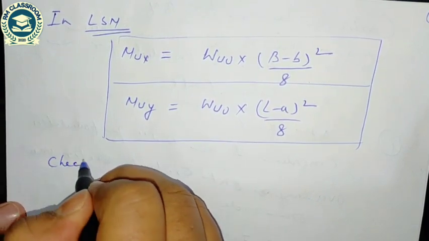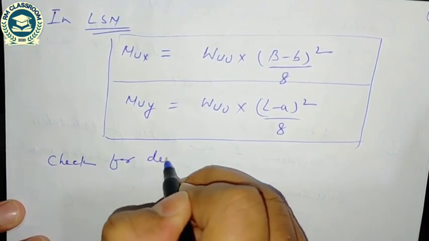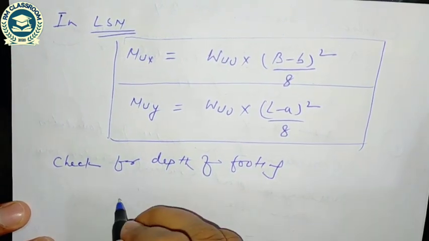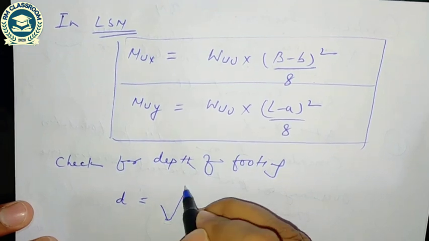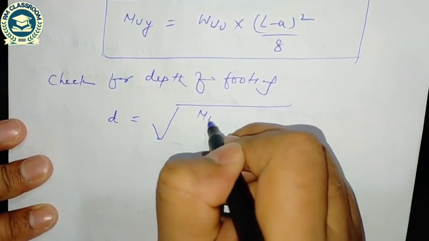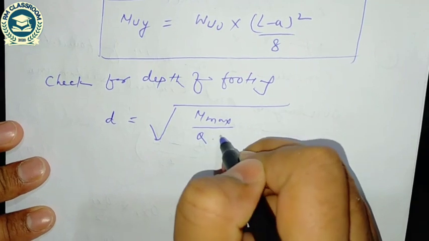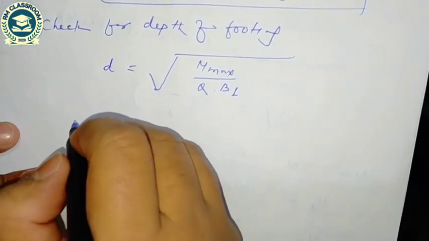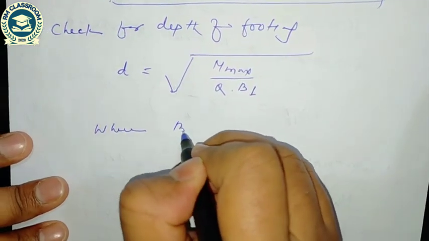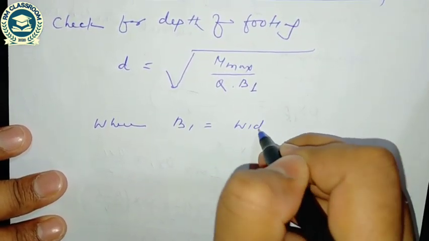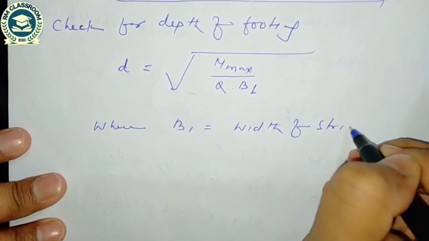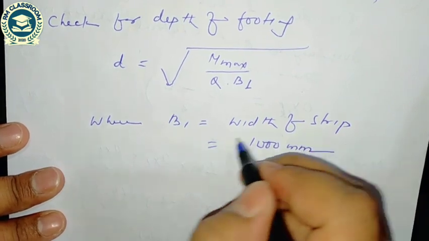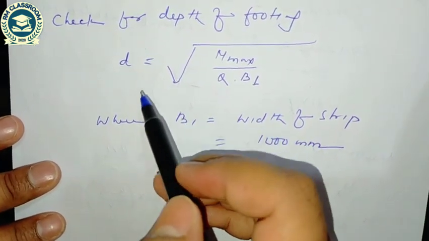So check for depth of footing. Depth of footing is equal to square root of maximum bending moment divided by Q into B1, where B1 is the width of strip, taken as 1 meter, so 1000 mm. With the help of that we can check the effective depth.